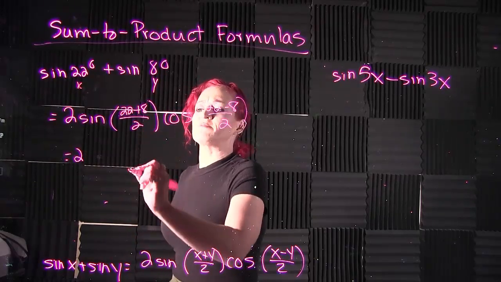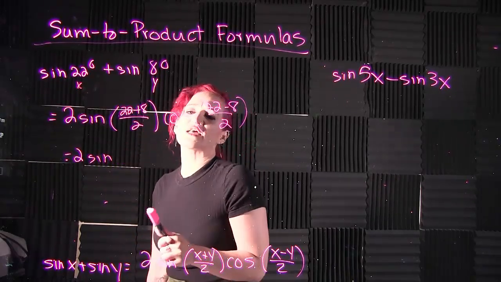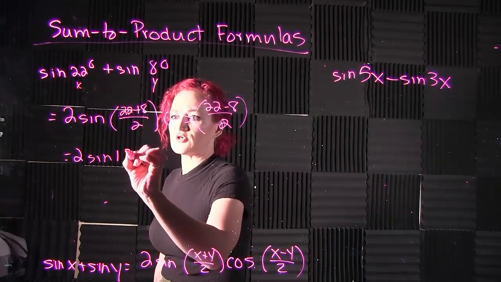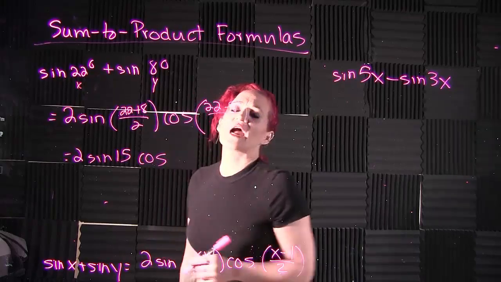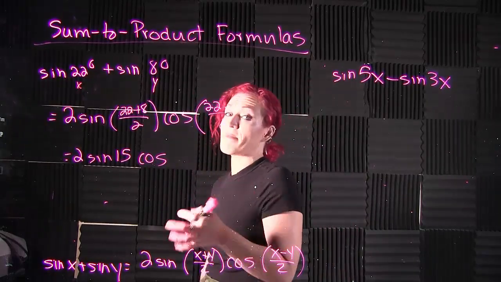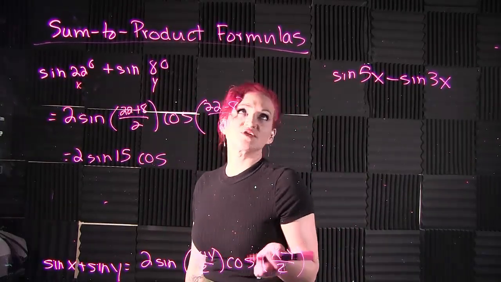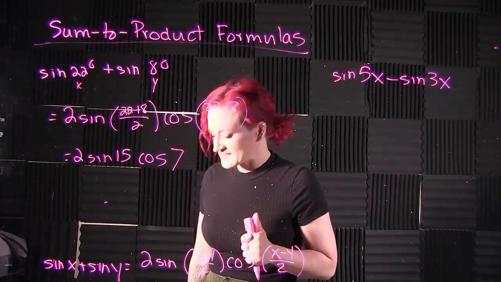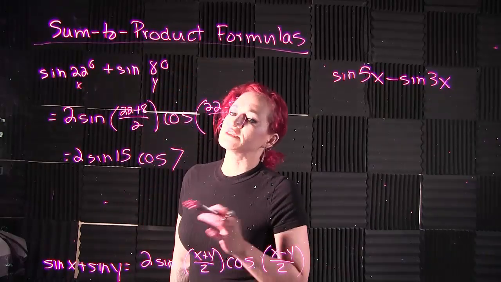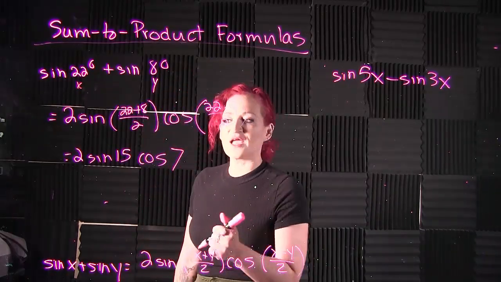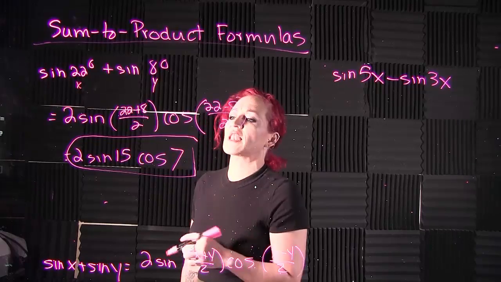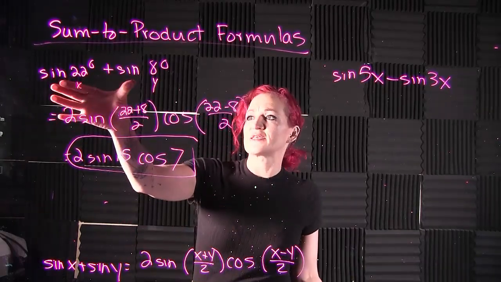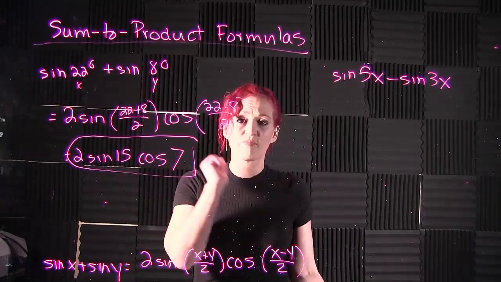If we simplify our fractions here, this is 2 sine, let's see, 22 plus 8 is 30, and 30 divided by 2 is 15, times cosine of 22 minus 8, which is 14, and 14 divided by 2 is 7 here. Since 15 and 7 aren't nice pretty angles, we are going to leave this like this: 2 sine 15 cosine 7. We've taken a sum and changed it to a product here.